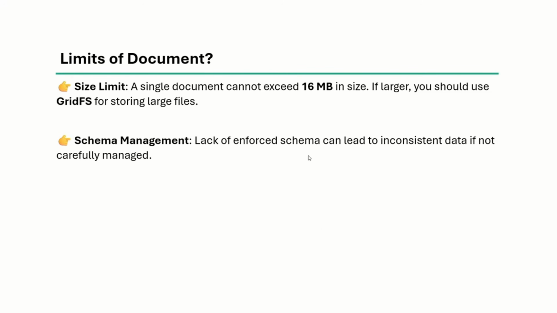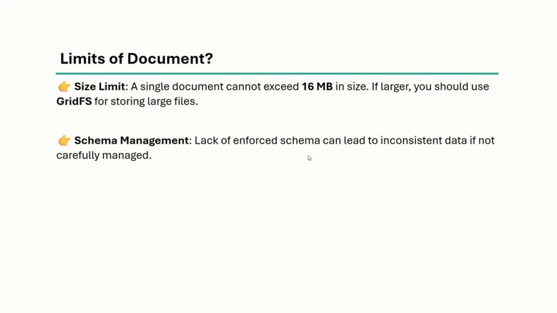Now, documents also have some limitations. For example, a single document cannot exceed 16 MB in size. In a collection, each document can have a maximum of 16 MB. Another limitation is that since no schema is enforced on the documents of a collection, it can lead to inconsistent data if not carefully managed.